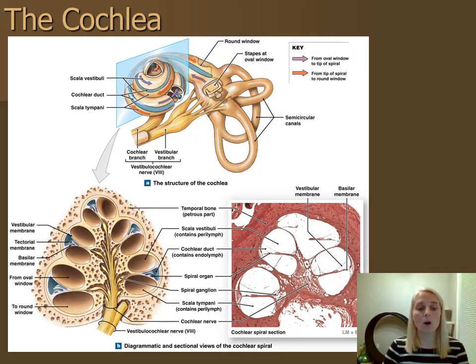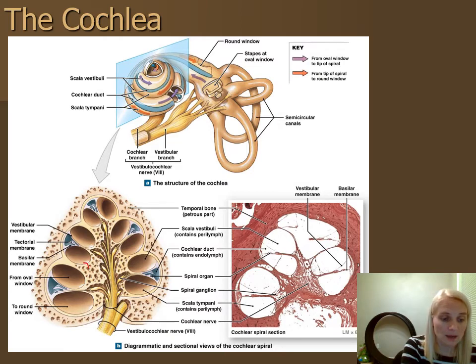So the cochlea has the same bony labyrinth and membranous labyrinth that we saw in the vestibular complex. It's a little bit more modified though. There's a lot of stuff going on in this picture, so hopefully I'm not going to completely destroy it with all of my sketches. This is one tube, one slice.